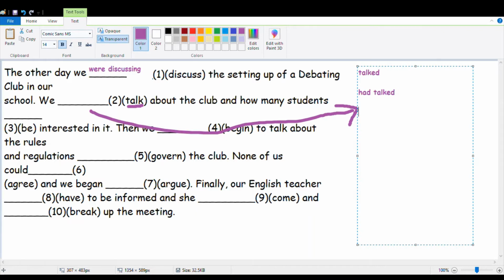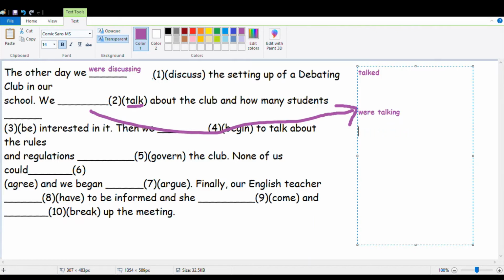Then we want to do continuous, were talking, okay? And had been talking. Okay, so remember, here our perfect is pointing to the time before, and we're not really pointing to the time before, so we're going to just take that out. And here also, it's not pointing to a time before, so let's take that out.